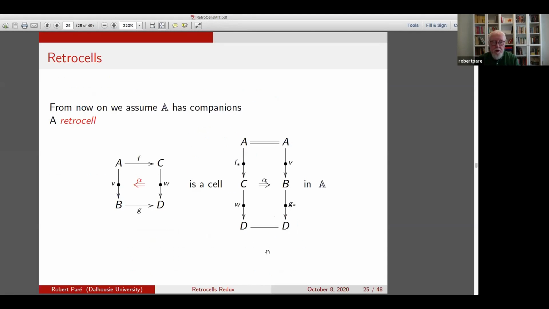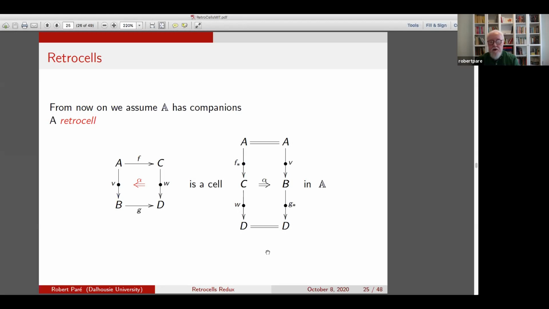So what are we going to do? We're going to define our retrocells. Here I'm halfway through the talk, and I'm just defining what the title is talking about. So I'm assuming now that A has companions.